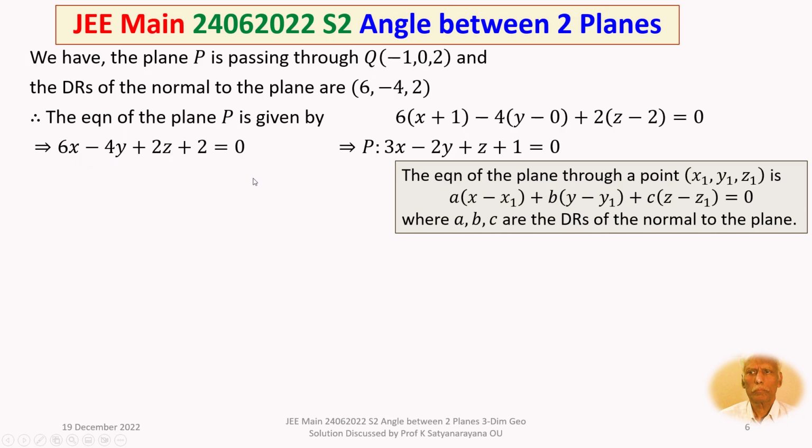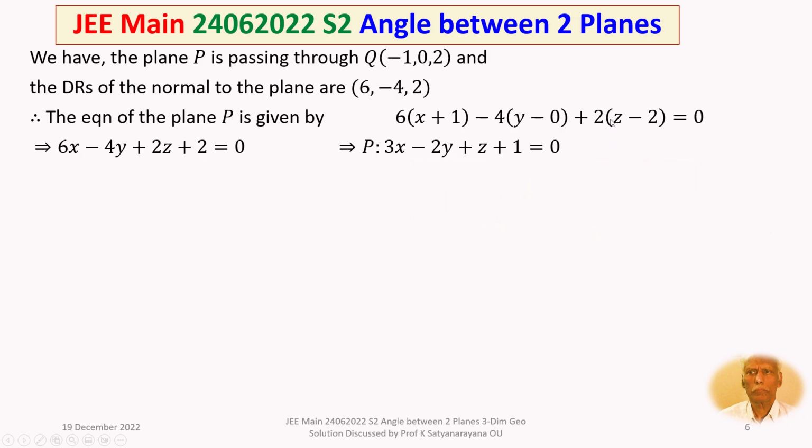Cancelling 2 throughout, the equation of the plane P is 3x - 2y + z + 1 = 0. Now we are given another plane P prime whose equation is 2x + y + 3z - 1 = 0, and we are required to find the acute angle between these two planes.